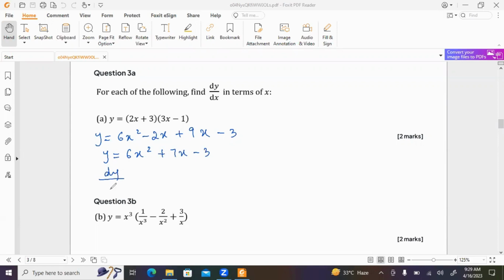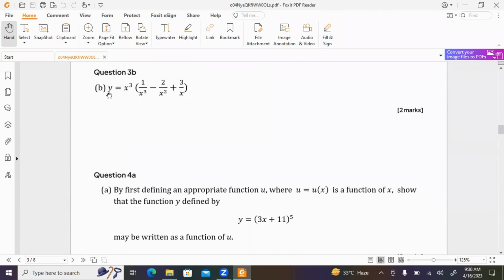Now we can differentiate this, which would give us 6 times 2, x to the power of 2 minus 1, plus 7 times 1 times x to the power of 1 minus 1, minus 0, which will basically equal 12x plus 7. That is the final differentiation of this equation.